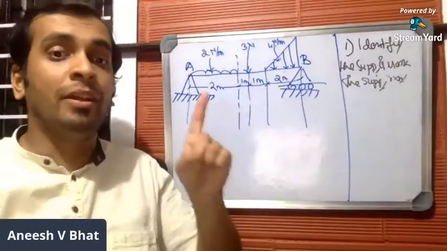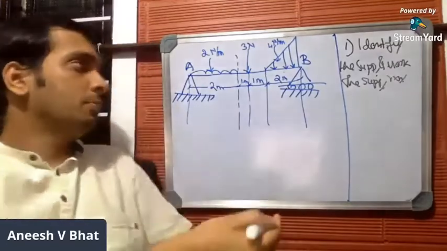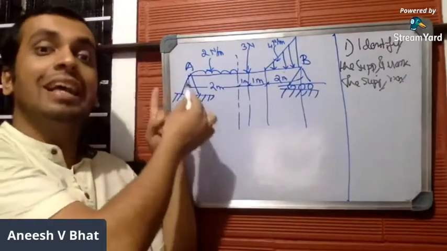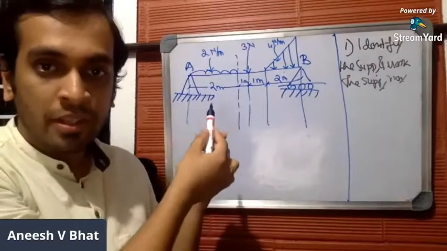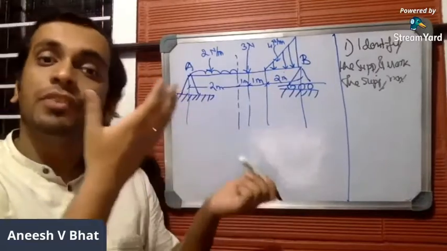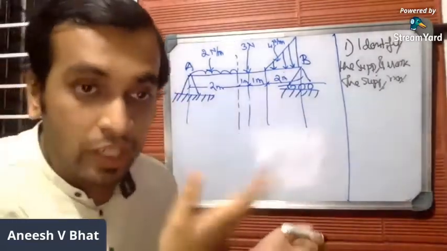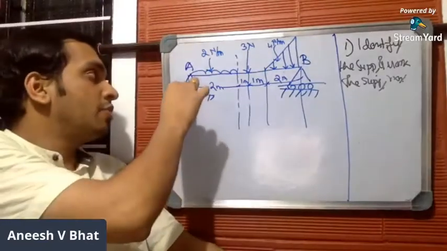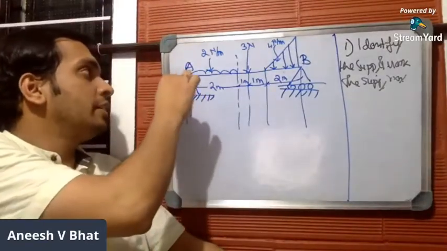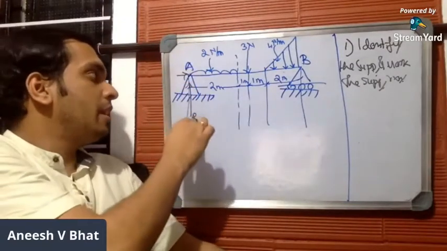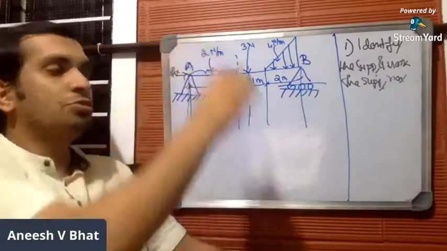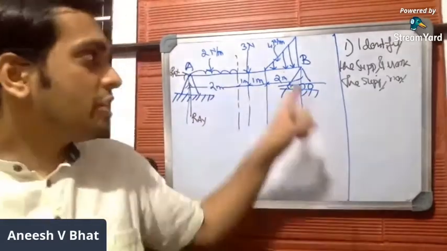You have two supports here. Which type of support is this? This is a hinged support. Once you identify the type of support, you have to mark the support reactions. A hinged support will offer 2 reactions, one in the Y direction and the other in the X direction. So this will be RAY and this will be RAX.